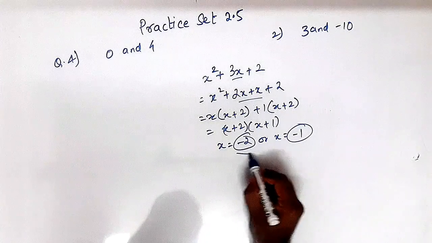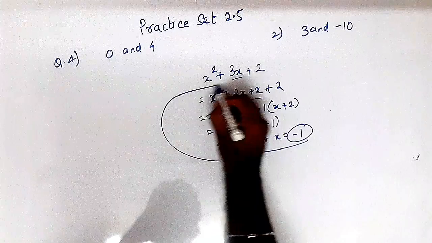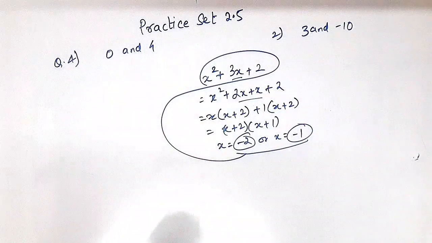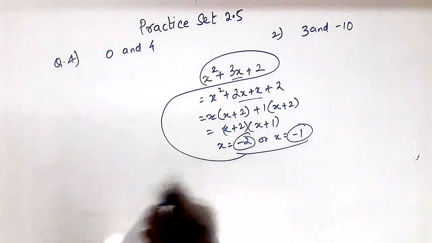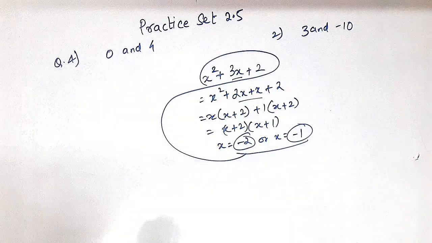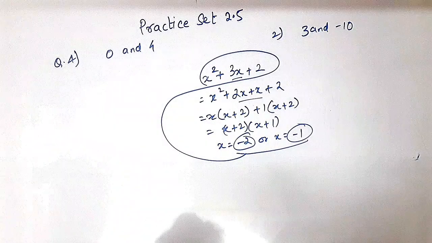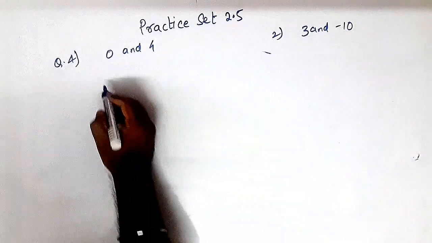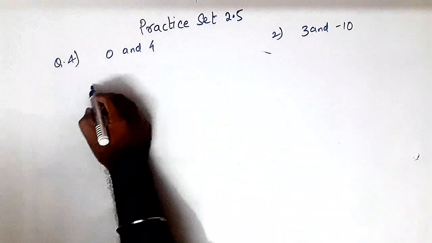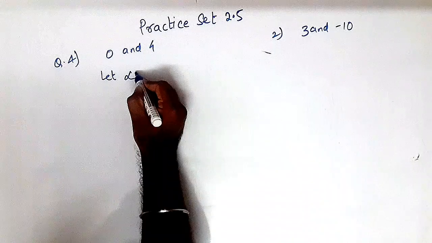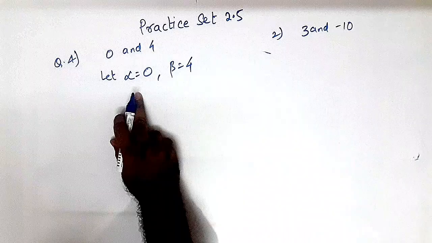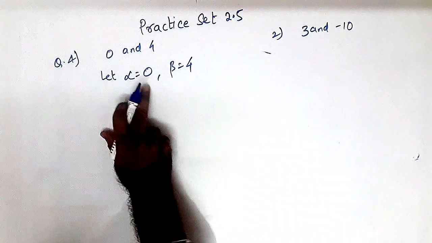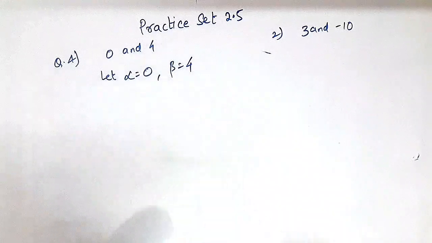Now if these two things are given, we have to go in reverse order and form the quadratic equation. How we are going to do this? When these roots are given, we have to go in reverse order and form the quadratic equation. Very simple. See how. Let alpha equals to 0 and beta equals to 4. We have to assume 0 as alpha and 4 as beta.